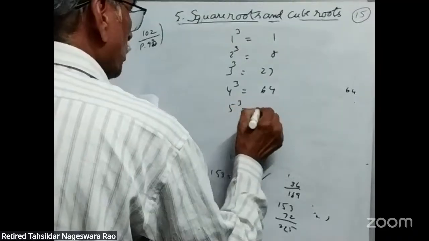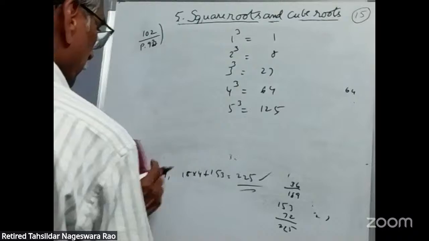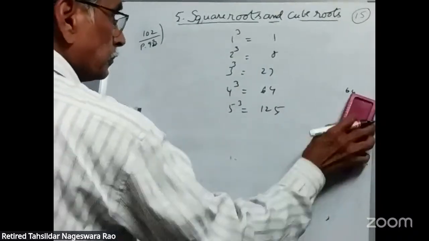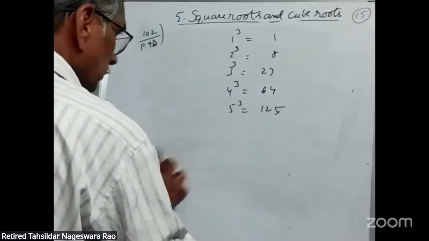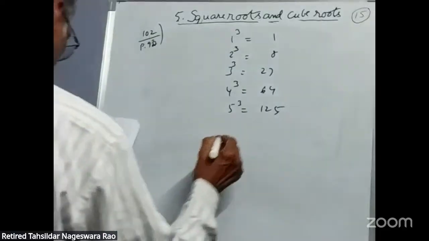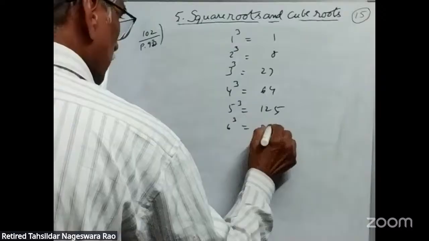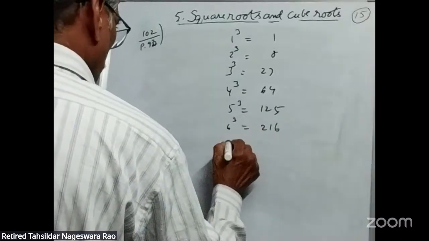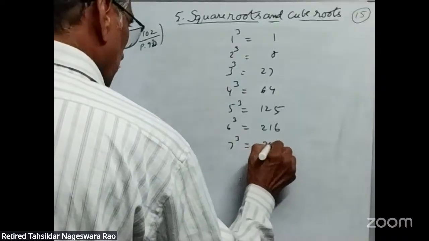5 cube is 5 into 5 into 5, 125. 6 cube will be 216. You work it out yourself. 7 cube will be 7 into 7 into 7, 343.